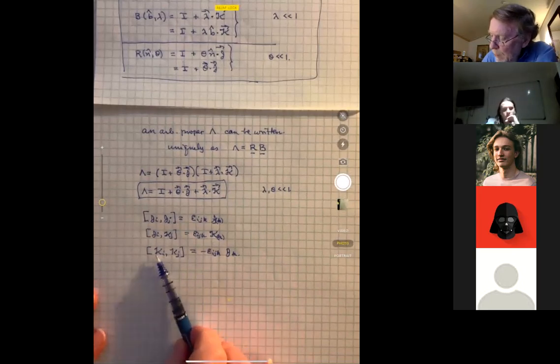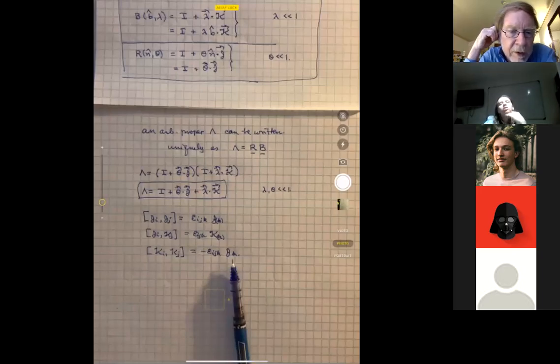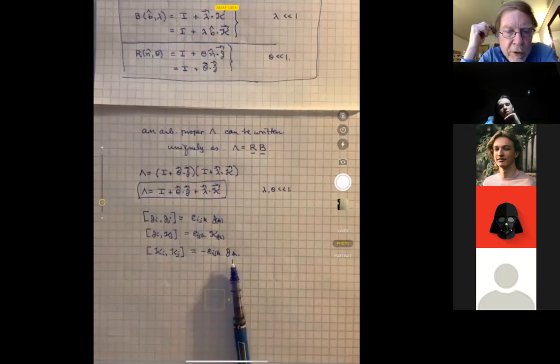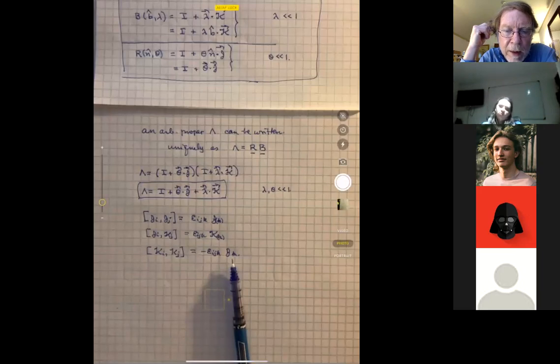The fact that the commutator of 2 Ks gives you a J means that if you apply a sequence of pure boosts, in general, what you get is a rotation coming out. You can imagine taking a particle at rest and applying some boost to it to accelerate it, and then you keep on applying infinitesimal boosts, like maybe it's on an accelerated orbit, but after a while the particle comes back to rest again.